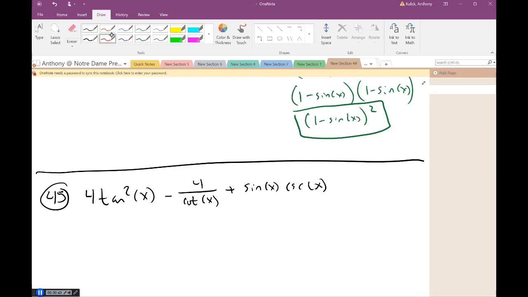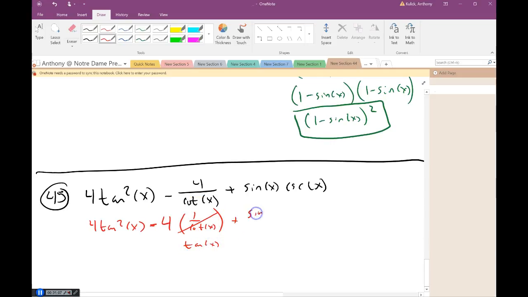So I see a very similar problem. So the way that I'm going to think about this is I'm going to think about this as minus 4 times 1 over cotangent. And what is 1 over cotangent the same as? Tangent.